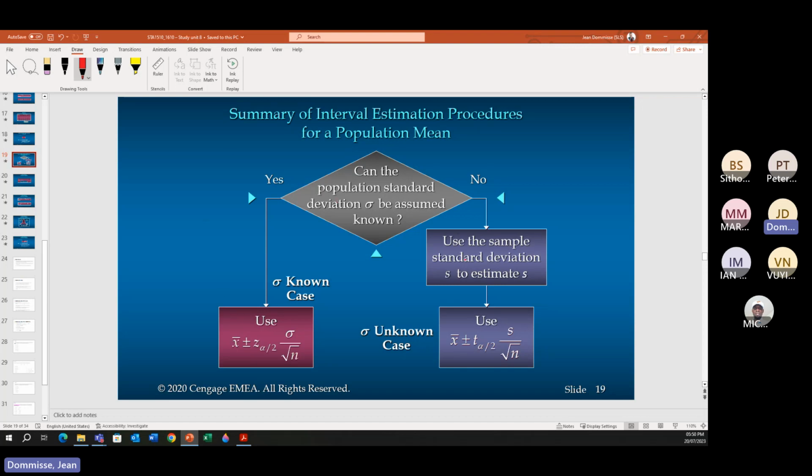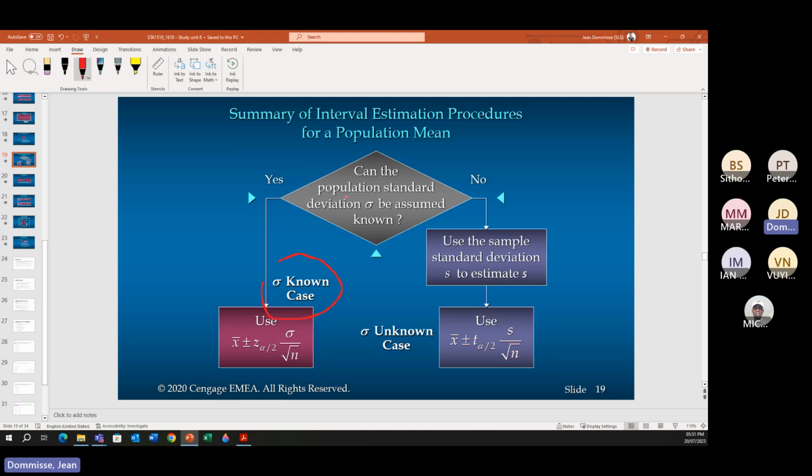Okay, so what I always find easier, and again, you can print this out, you can keep it as a slide or something at hand, is when I go through a question, I automatically first look at what the standard deviation is. If it's population, it's known, and then I can use the normal distribution.